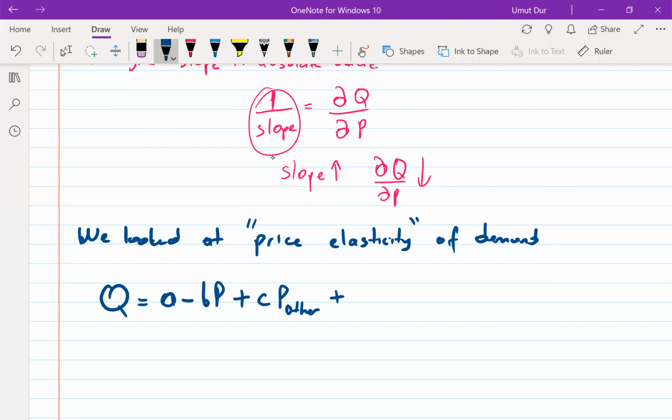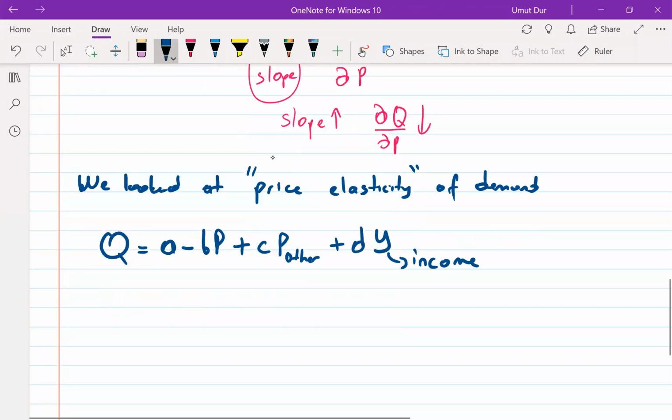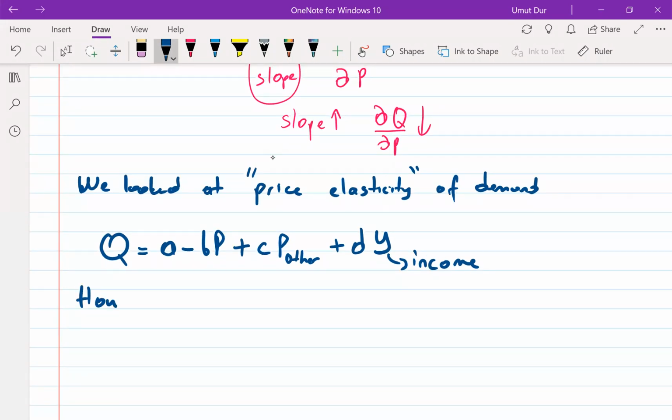It is also affected by the price of other goods, and by your income. We are also interested in how a change in income affects the quantity demanded.